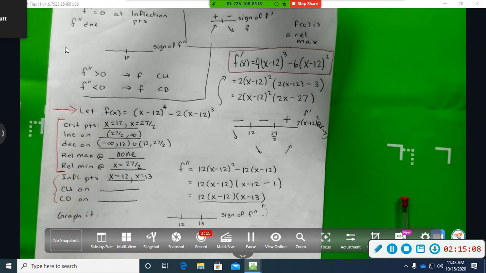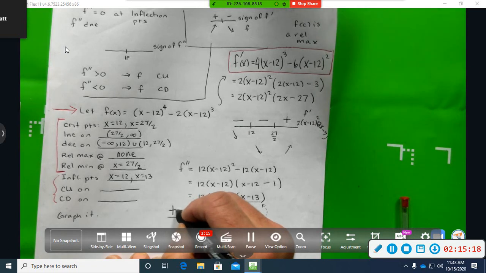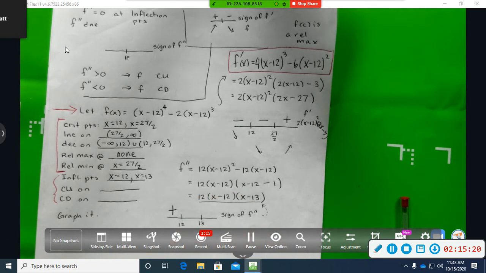If I put a 0 in for x, my first factor is negative, my second factor is negative, and the product of two negatives is positive. If I put in 12.5, the first factor is positive, the second is negative, so the product is negative. And if 15 is in there, both are positive, so my sign is positive.